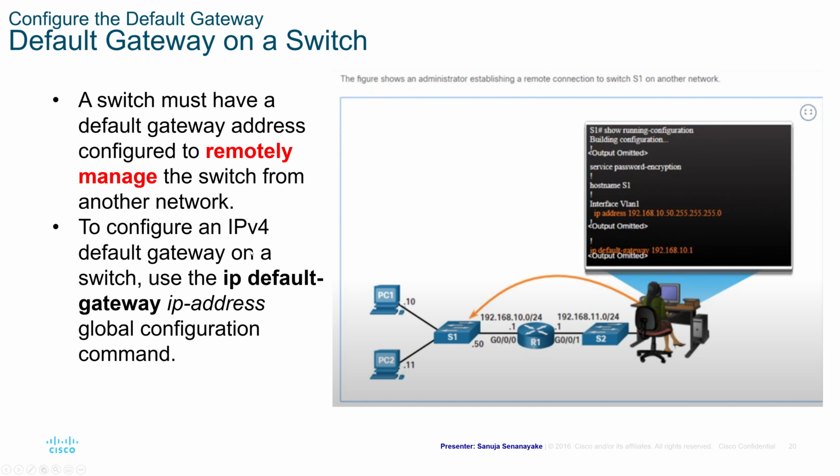To configure an IPv4 default gateway on a switch, we use the Cisco command ip default-gateway, then we add the IP address, in global configuration mode.